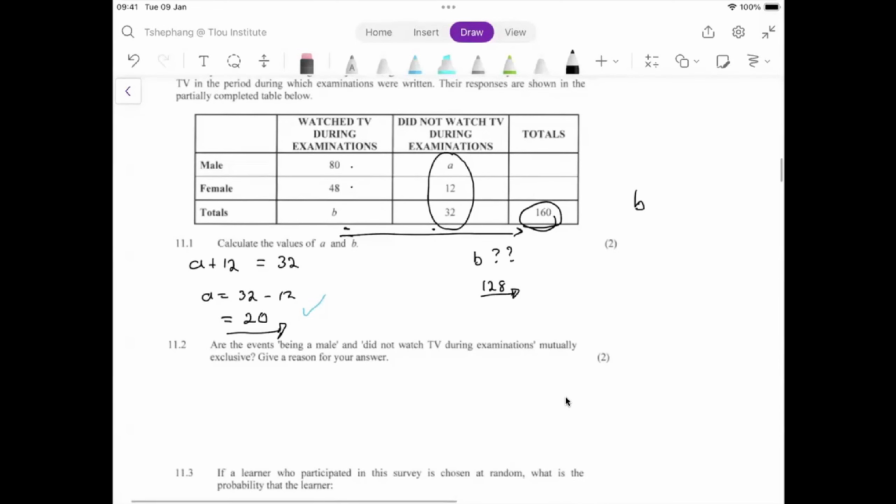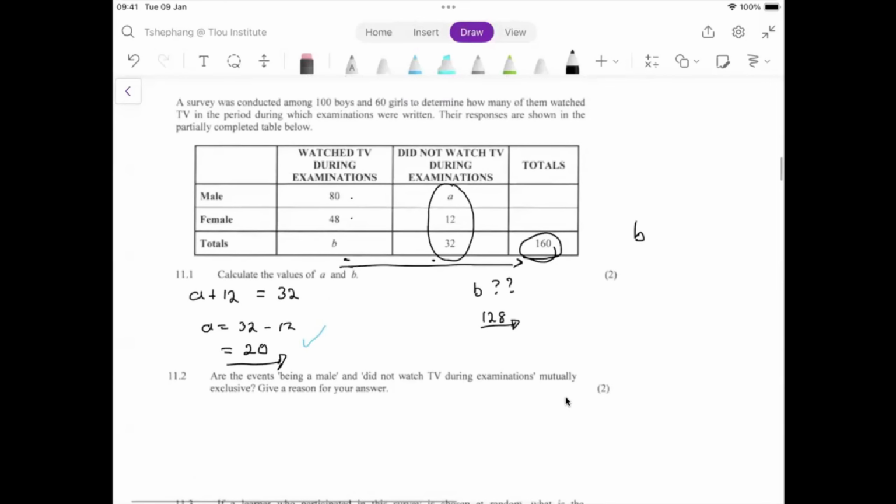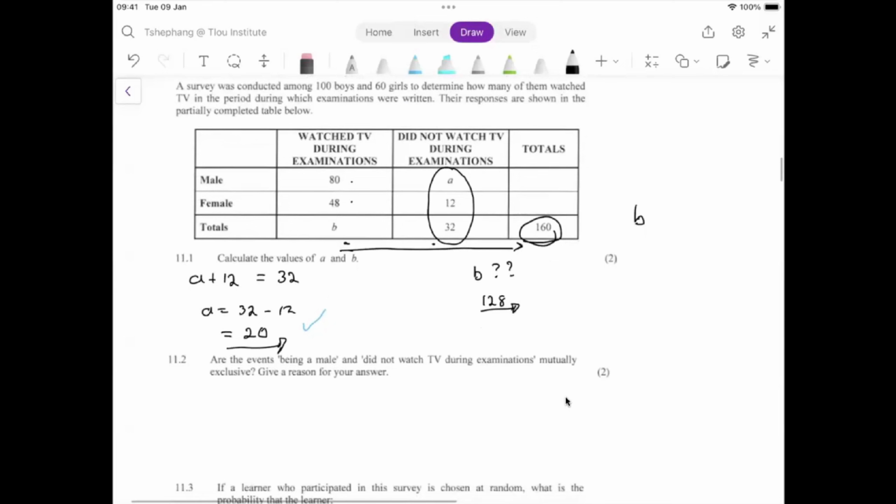Okay, now here's the next question. Are the events being male and did not watch TV during examinations mutually exclusive? Okay, the statement again, a survey was conducted among 100 boys and 60 girls to determine how many of them watched TV in the period during which examinations were written. That's very bad.